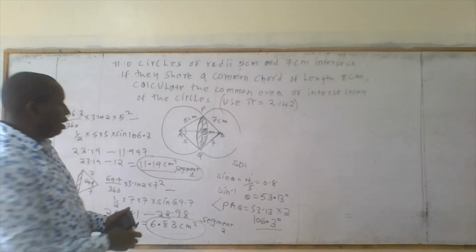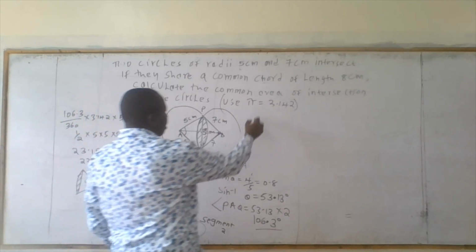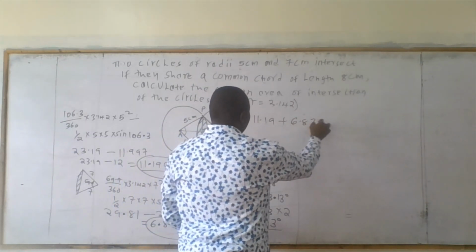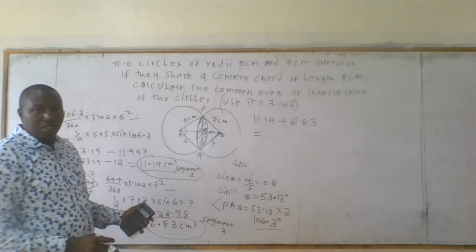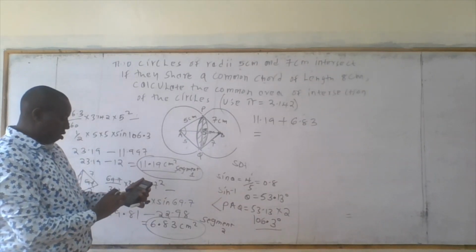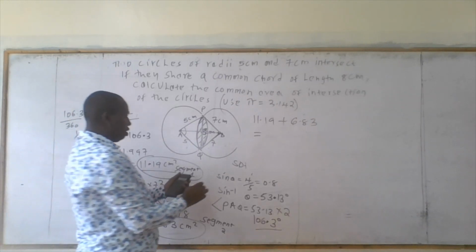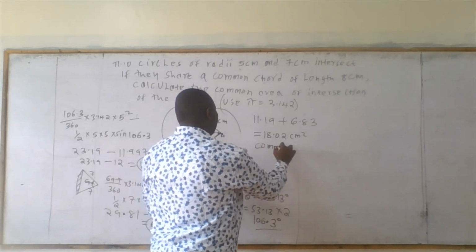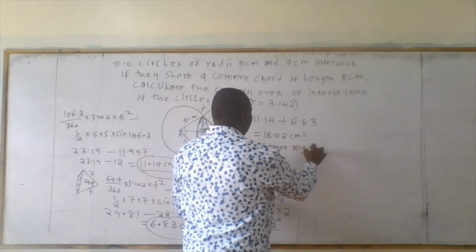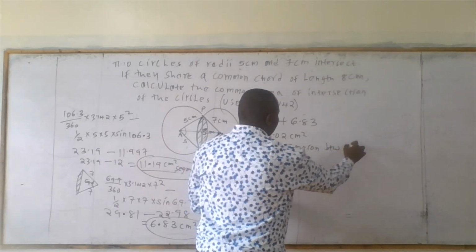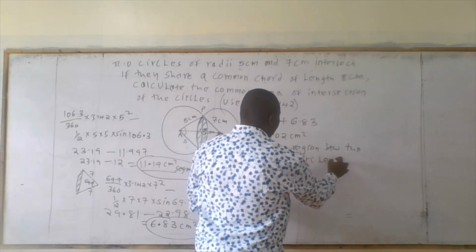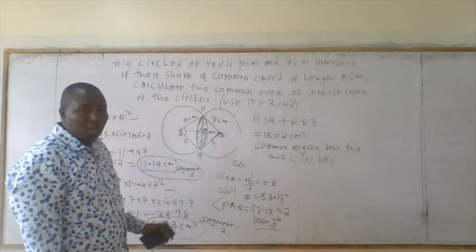So work it out: 11.19 plus 6.83, and you get 18.02 centimeters squared. And this is the common region between the two circles.